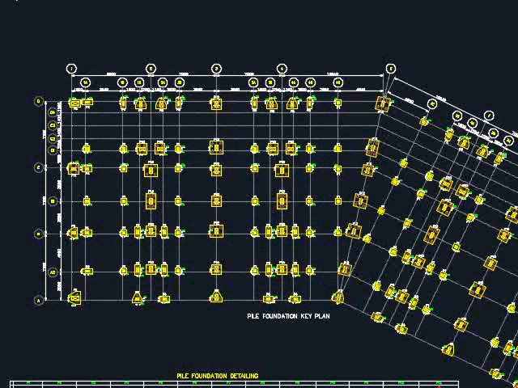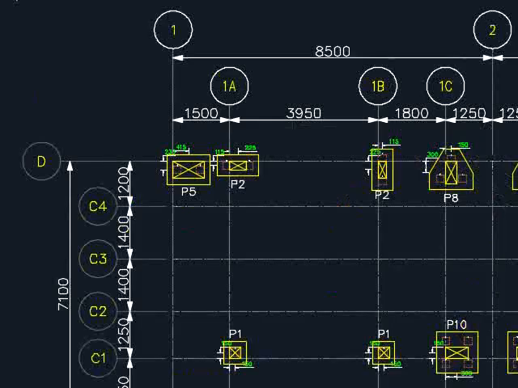Now let us look at the typical key plan for the foundations. There will be grid lines, in line with the grid lines in the architectural drawing, and normally these grid lines are more meaningful to the columns, where the columns are typically in line with the edge or the centers of the grid lines. This is for the contractor to easily locate the columns.